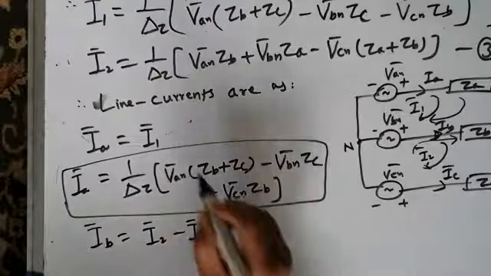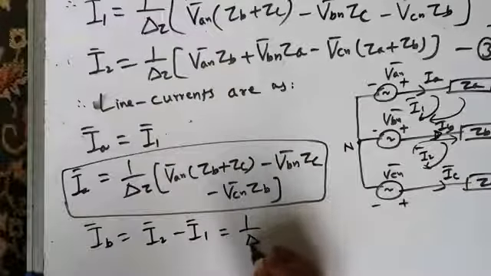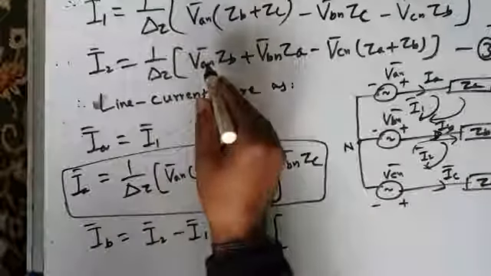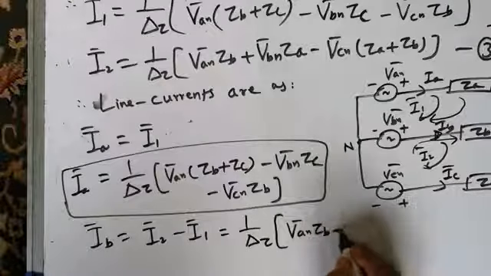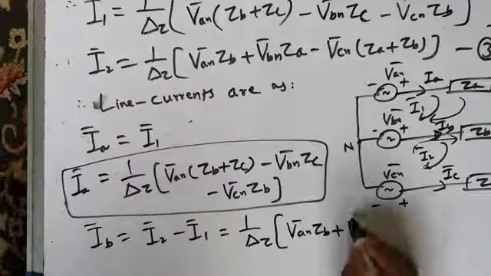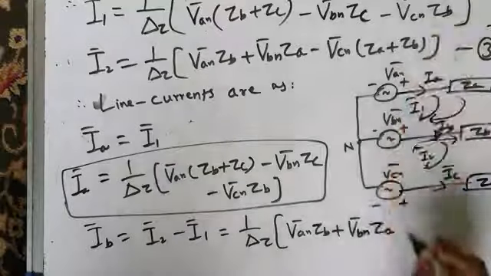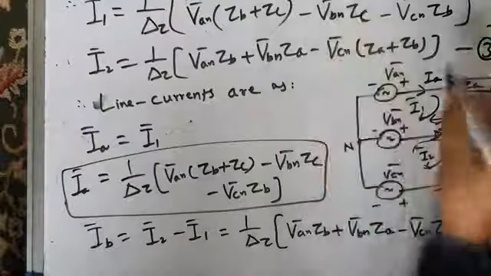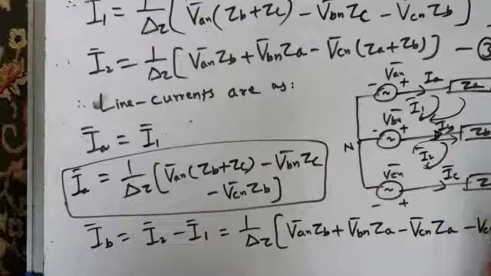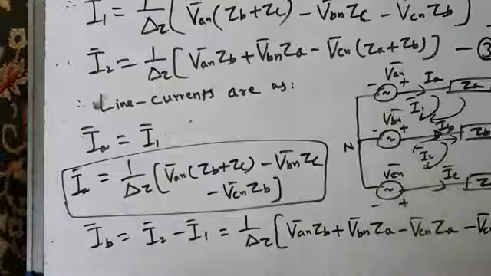Okay, and what is your I2? I2 is 1 by delta Z. I will take 1 by delta Z common. This is VAN ZB plus VBN ZA. I will expand this. Minus VCN ZA minus VCN ZB. Okay.